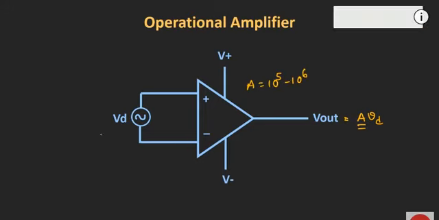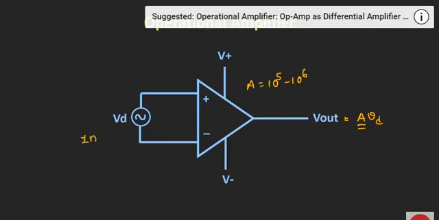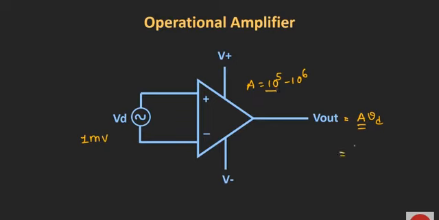Even if we apply a 1 millivolt signal between these two terminals, and the gain of this op-amp is 10 to the power 5, then at the output theoretically we should get 1 millivolt multiplied by 10 to the power 5, that is equal to 100 volts.